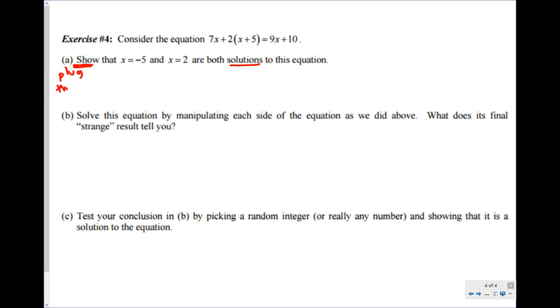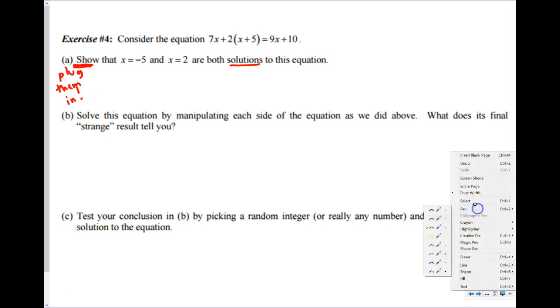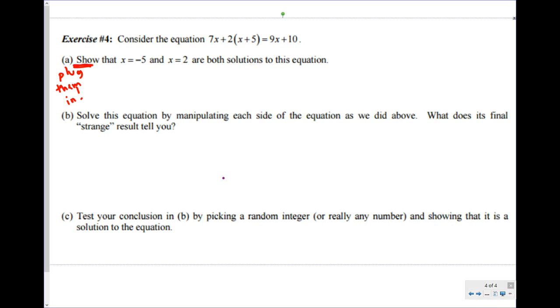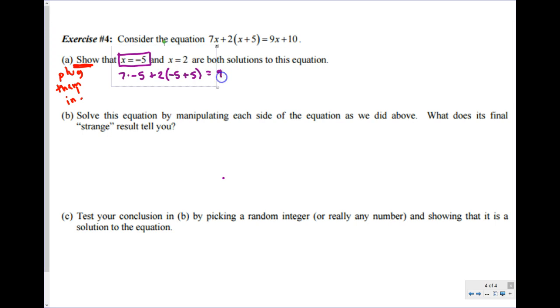Plug them in. So I'm going to do x equals negative 5 first, and plug it in to the original. So I'll get 7 times negative 5, plus 2 times (negative 5 plus 5), equals 9 times negative 5 plus 10.